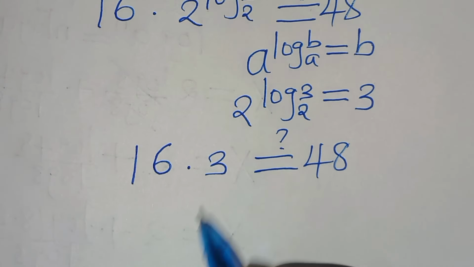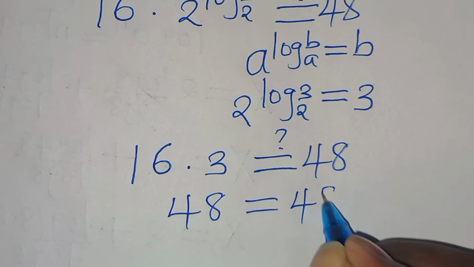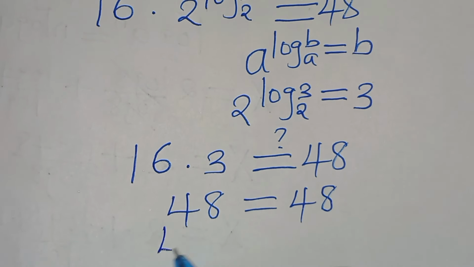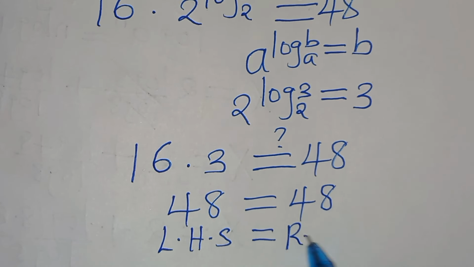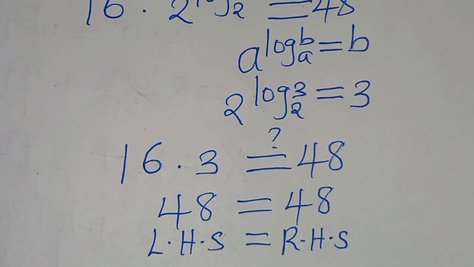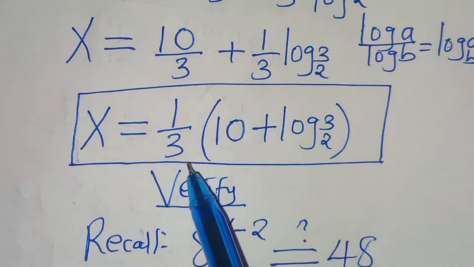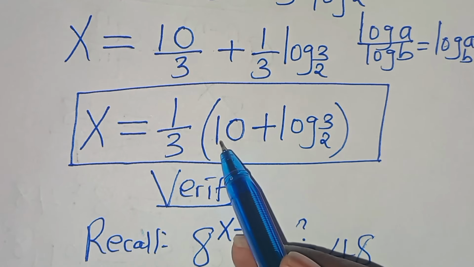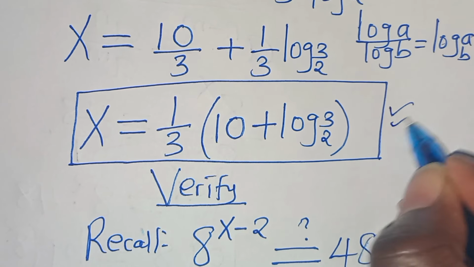So 16 times 3 is equal to 48, which is equal to 48. This implies that the left hand side is equal to the right hand side. And this implies that the value of x, which is 1 over 3, into the parentheses 10 plus log 3 to base 2, satisfies the equation.